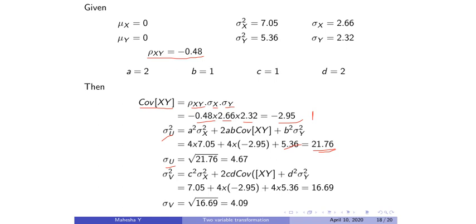Similarly, sigma v square is c square sigma x square plus 2cd covariance of xy plus d square sigma y square. So c is 1, d is 2. Substituting these values, we will get 16.69. So sigma v will be the root of that, and the value will be 4.09.